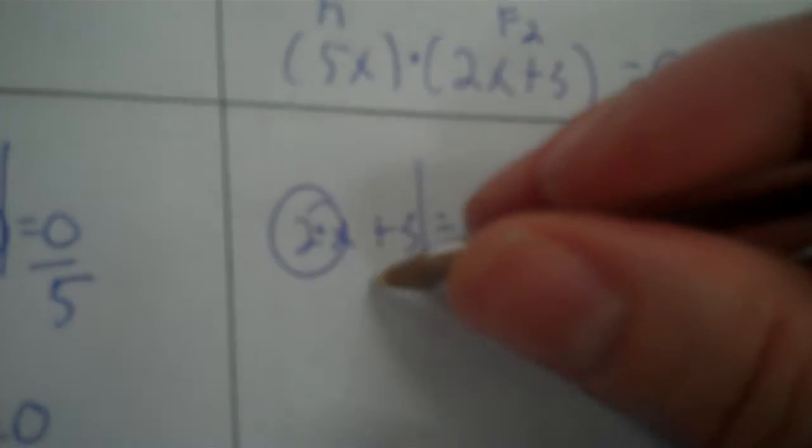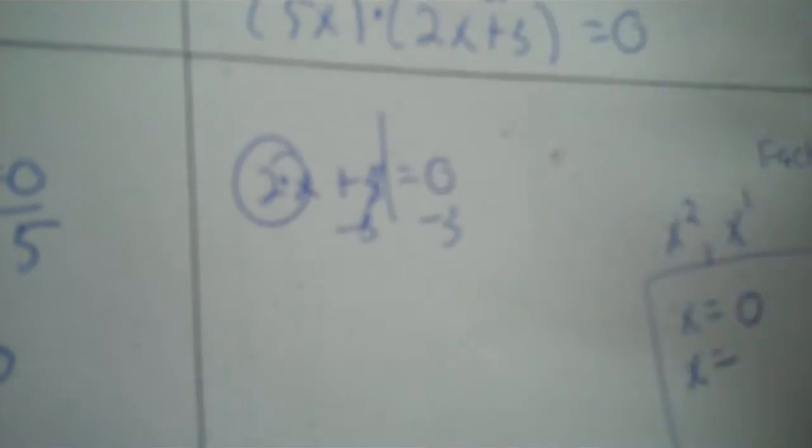Over here you got times 2 and plus 3, so you're going to minus your 3. 0 minus a number takes you to the negative of that number, and then you divide by 2. Okay, so I take negative 3 divided by 2. I got a decimal. You can put negative 1.5 as your answer, or you can go second PRB. That would be negative 1.5. I don't care if it's the decimal or the fraction. Just get one of them.